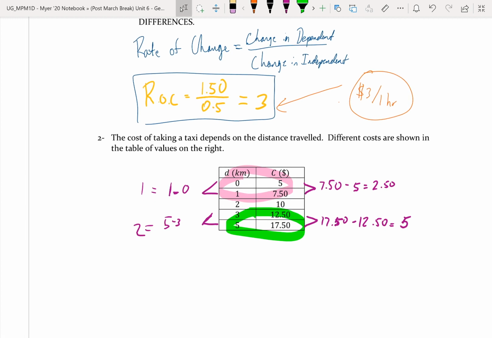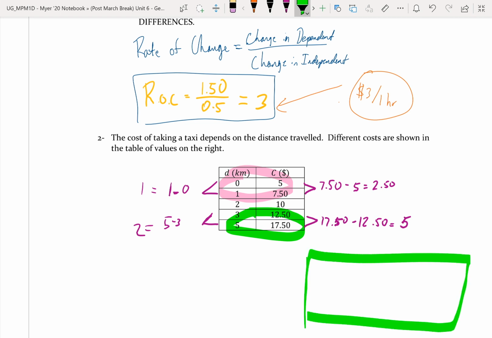Okay, so let's do both here. I'll do my green side first for a second here. So if I did my rate of change, it's equal to the change in y over x. The little triangle means change in.